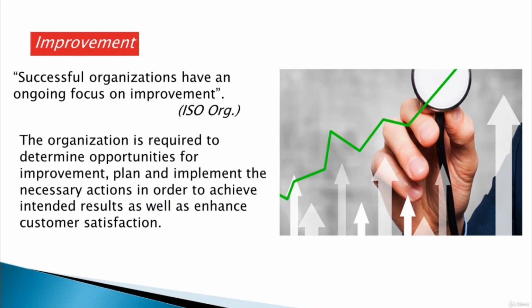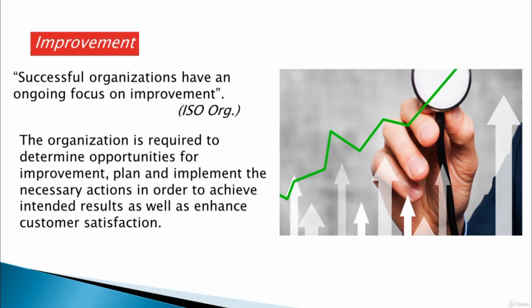Now, the organization is required to determine opportunities for improvement, and it needs to plan and implement the necessary actions in order to achieve intended or desired results. The organization also and always needs to enhance customer satisfaction.